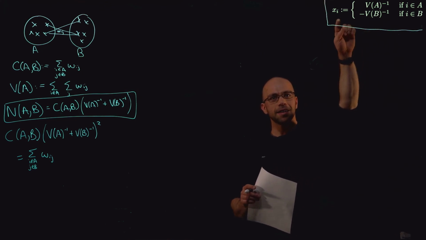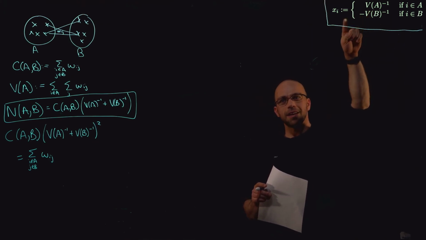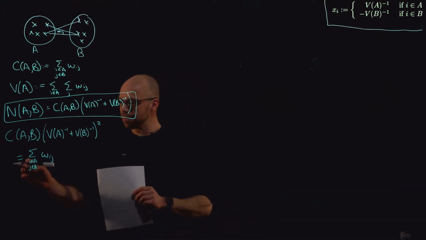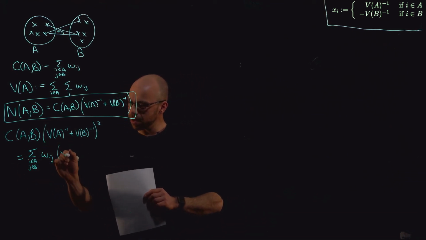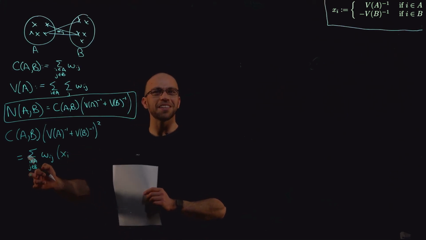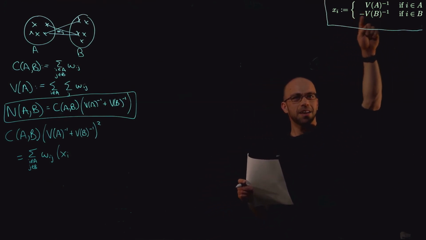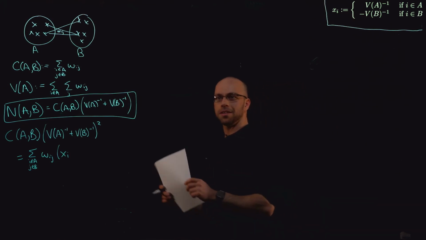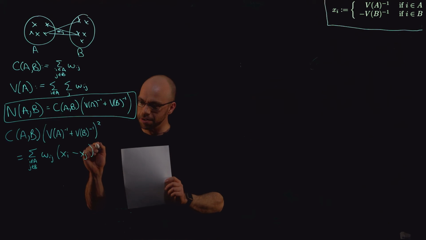When i is in A, then VA inverse is equal to xi. In every term in the sum, by definition, i is in A. So if I want VA inverse, I can just write xi. And for every term in the sum, j is in B. Notice that when j is in B, xj is equal to minus the volume of B to the minus 1. So in other words, I have this expression here.